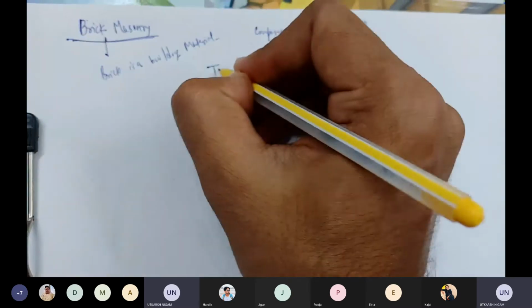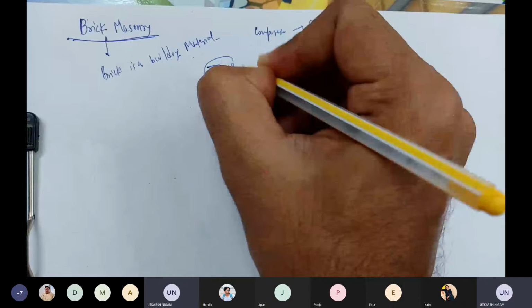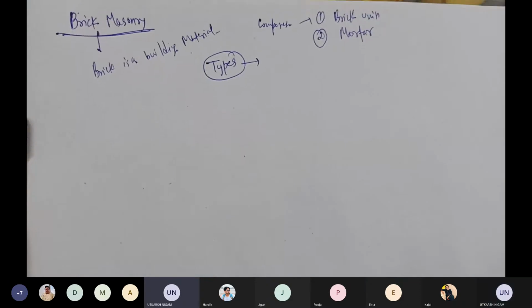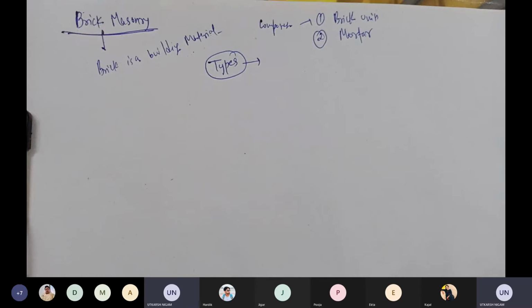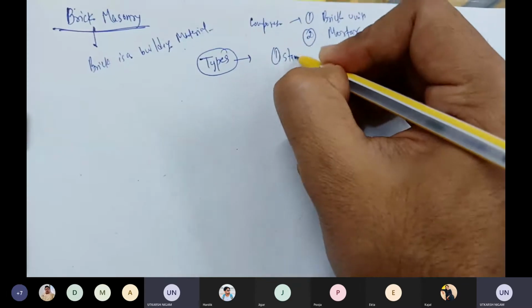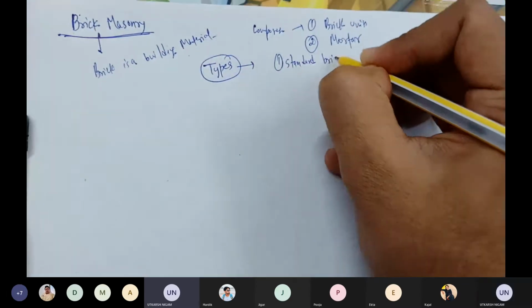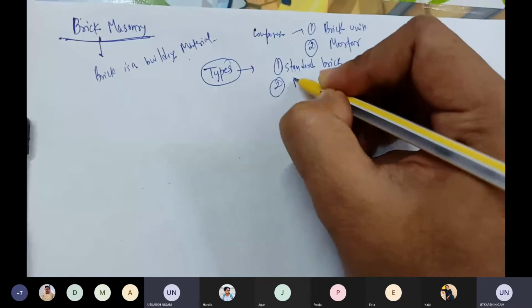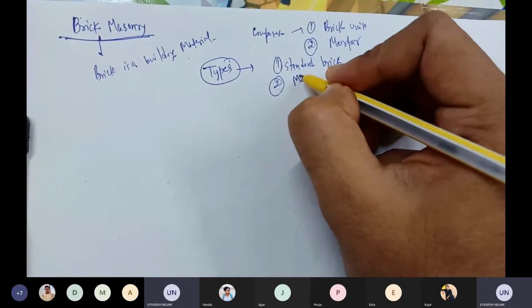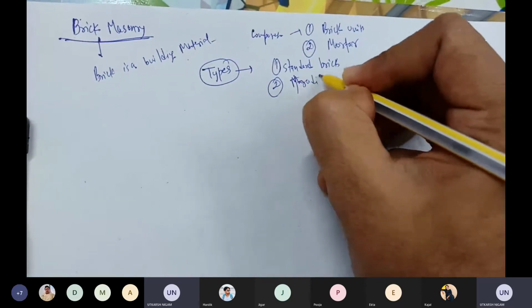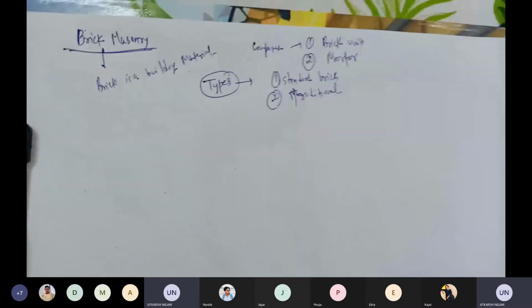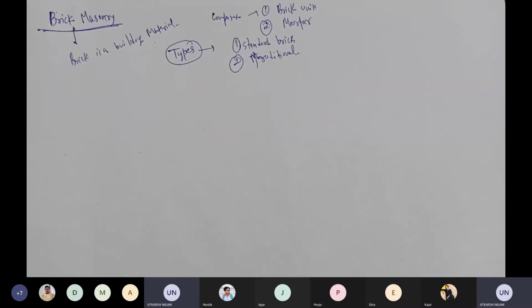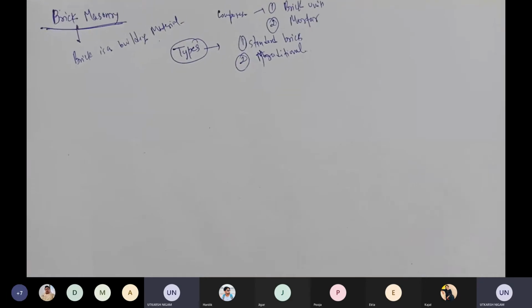Brick is a building material formed from earthen materials. It is of two types: standard bricks and traditional bricks. The traditional bricks are seasonally burnt bricks which are being used.